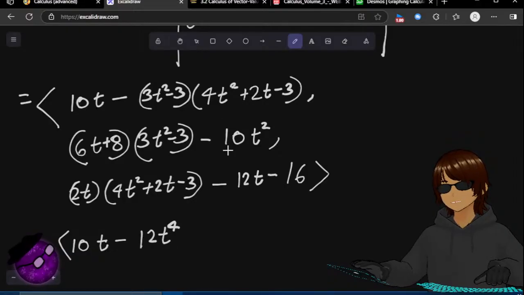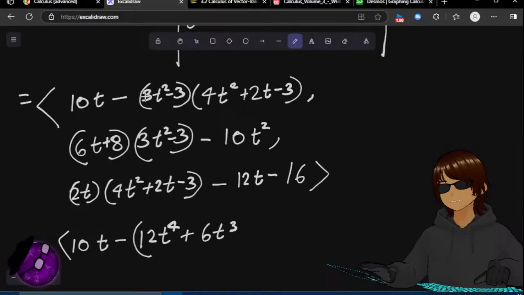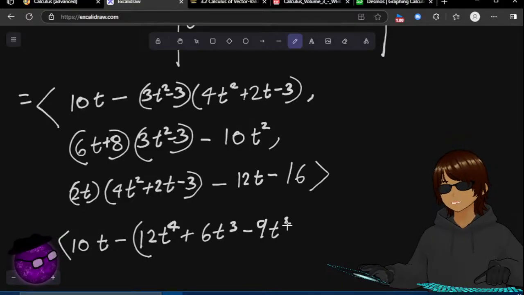And then this, and then I think I should put brackets just so I don't get confused. This, and then this, and then this. So minus 9t square.